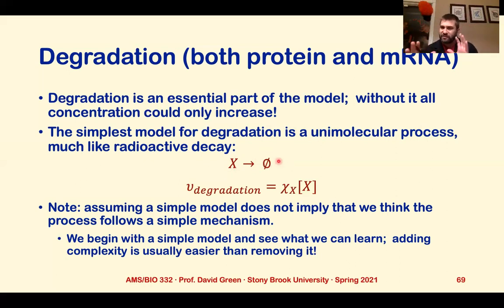This is an important nuance of the model. In general, we are going to be ignoring the background of a cell in our modeling. That is, we're not going to be keeping track of concentrations of free amino acids and free nucleotides. We could. It is possible to do that, and we can have a degradation model where, when a protein degrades, we keep track of all of the amino acids that were in there and how that contributes to the pool of amino acids in a cell.